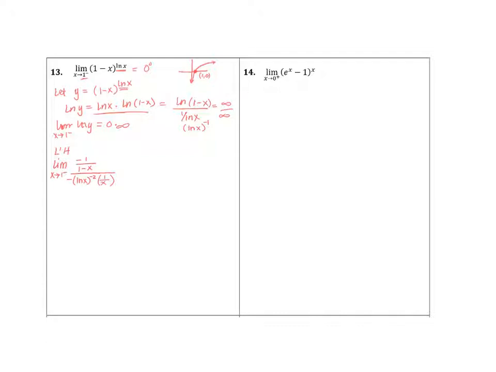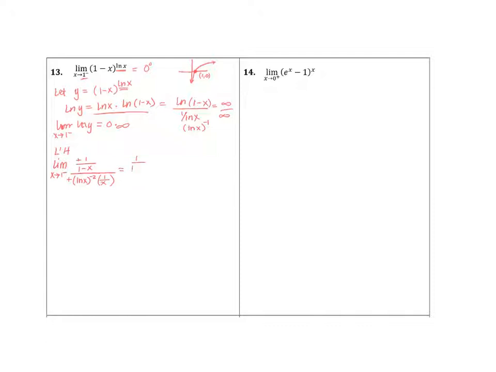Before I do L'Hopital's rule again, I think I might clear some of this up. Let's see. We have some negatives here that we can cancel out for sure. And I might go ahead and flip that 1 over x up to the top. Let's see what we've got. Let's put that limit on hold for just a minute. Let's go ahead and make our positive.